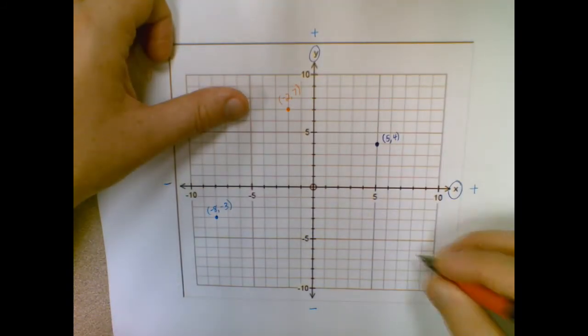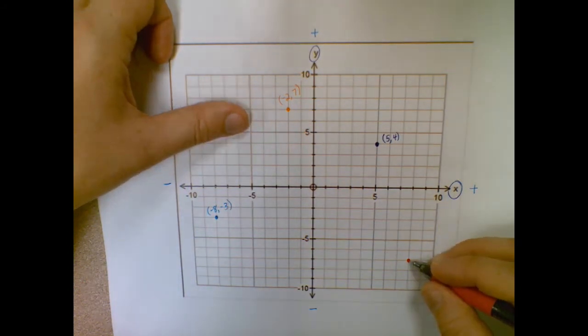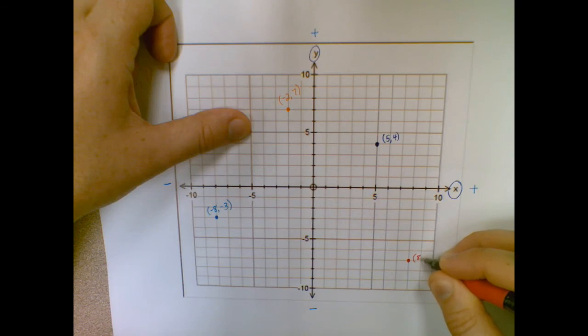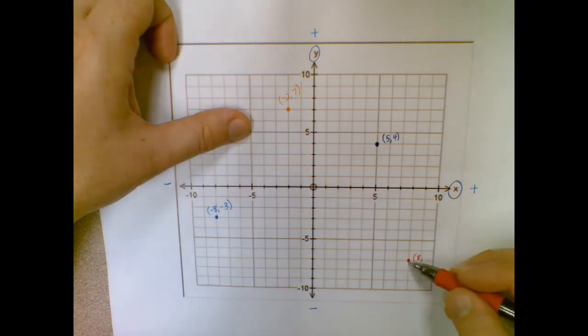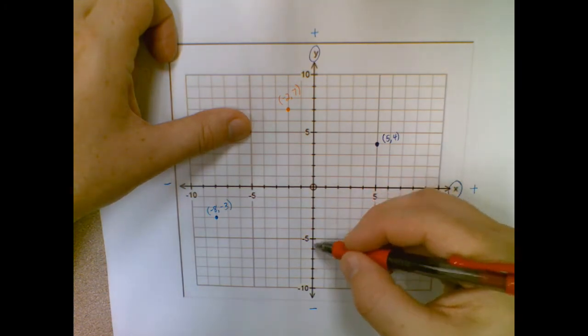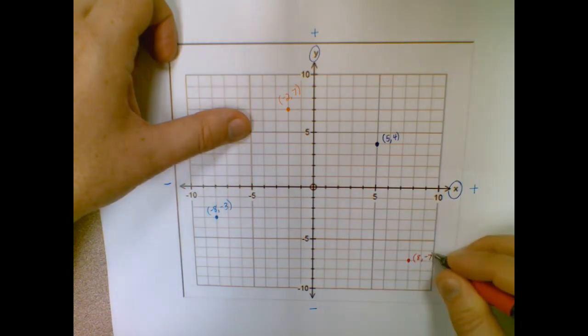Let's say I have a point right here. If I want to figure out where that one is, we can once again go back here. So it's 5, 6, 7, 8. And this is +8 because it's to the right of the origin. And then down here, which is -1, 2, 3, 4, 5, 6, 7. So down 7 would be there.